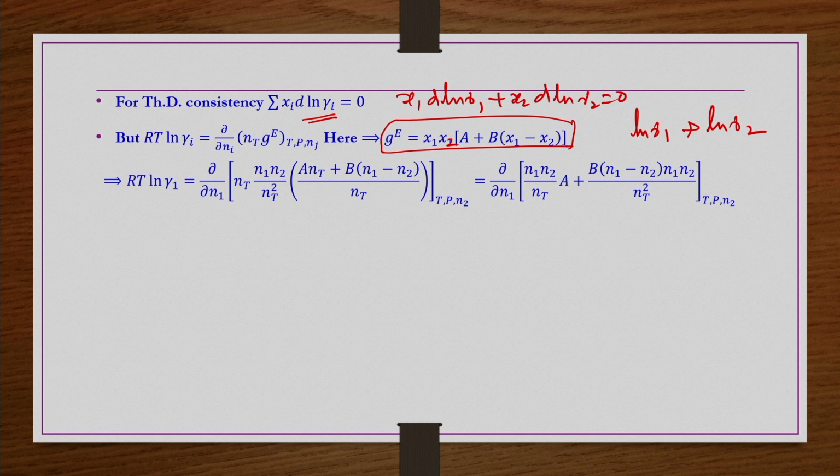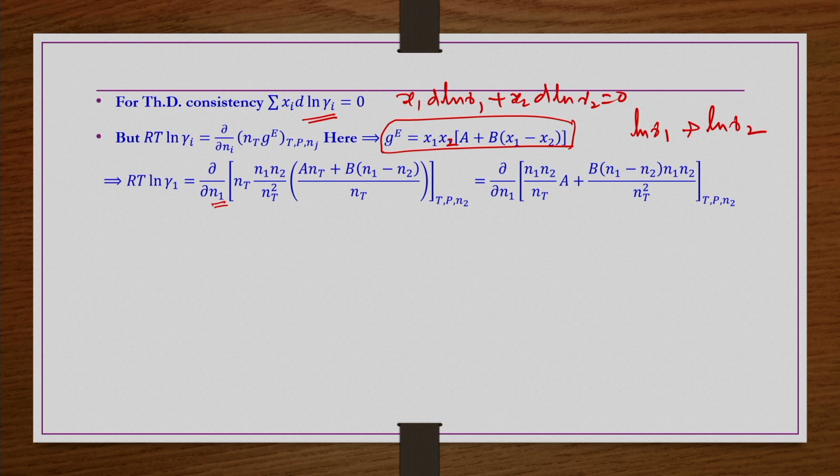So, RT ln gamma 1 is nothing but dou by dou Ni of Nt Ge at constant T, p, Nj. Dou by dou Ni of Nt Ge is nothing but Gi bar. Gi bar E is not given, so that is the reason we are writing dou by dou Ni of Nt Ge. Now we write it for component 1.